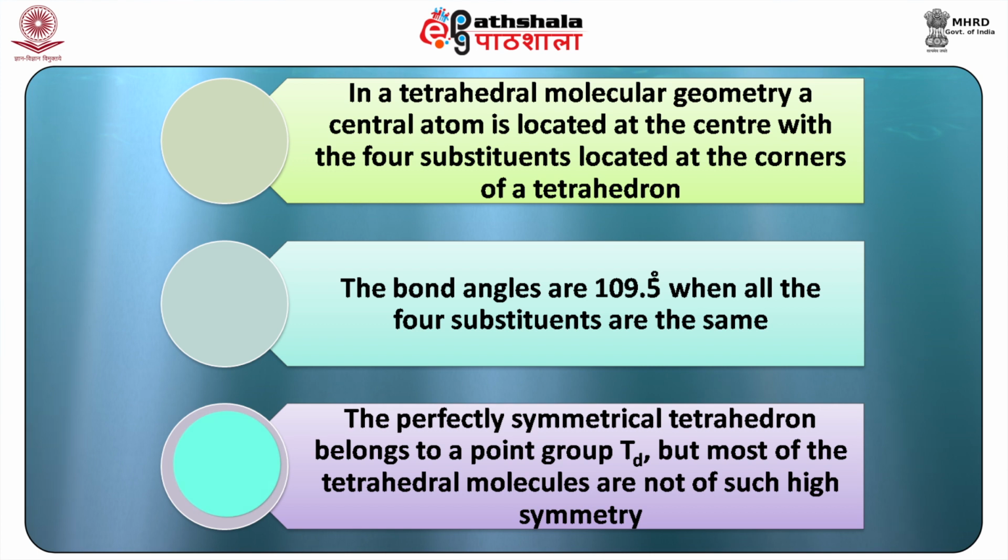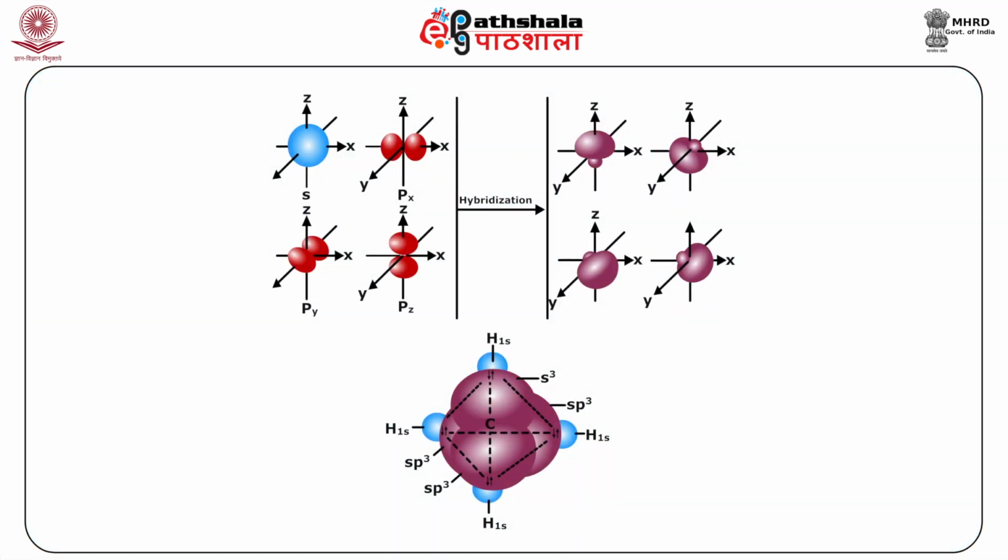most of the tetrahedral molecules are not of such high symmetry. One of the most common examples of tetrahedral geometry is the methane molecule, having four equivalent covalent bonds between the central atom and the four hydrogens.